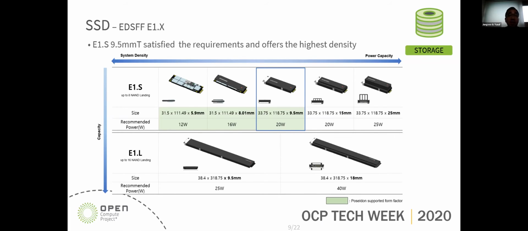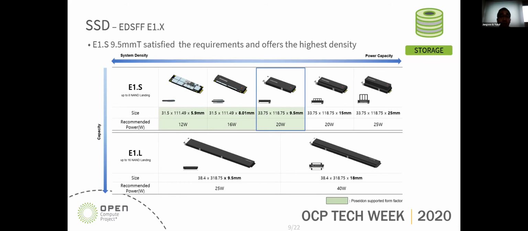Since one of the data center requirements was less than 4 terabytes per SSD, we decided to choose E1.S rather than E1.L. Among the E1.S form factors, there are still 5 different thicknesses. As you can see, as the thickness gets thicker, the power capacity gets bigger, and as the thickness gets thinner, the system density gets higher.